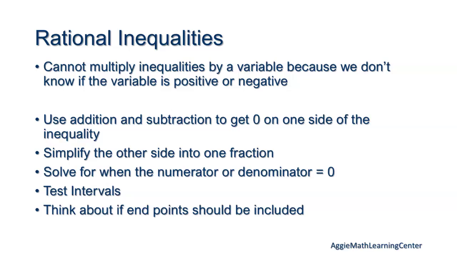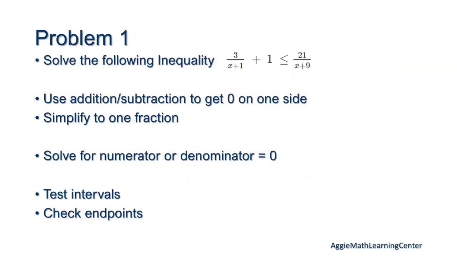Test the intervals and think about if the point should be included or not. That last part is, let's say it's less than or equal to 0, if it's in the denominator, that doesn't mean it's equal to 0. It means it does not exist. And a lot of these will make sense as we go through the example. Like a basic strategy.